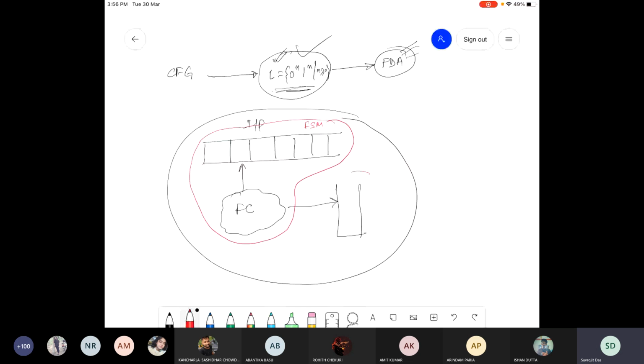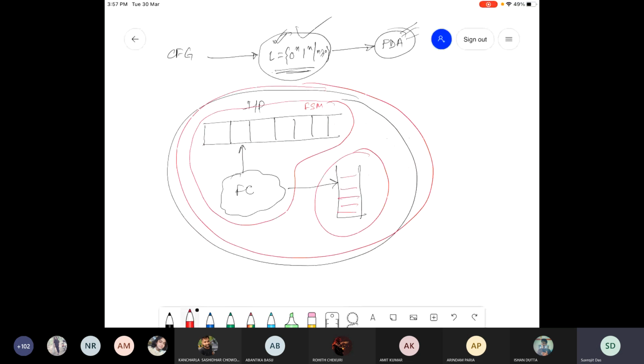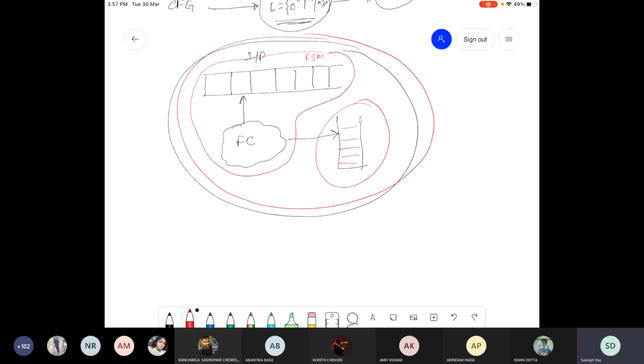And when I add the stack, when I use the power of memory, then this whole machine is a finite state automaton plus a stack plus the controls that you need to control both the input and the stack together, right? So this is a finite state machine plus a stack.